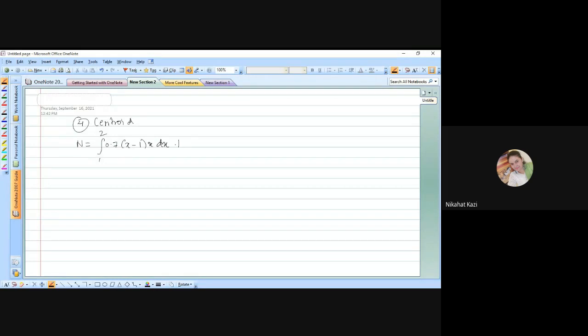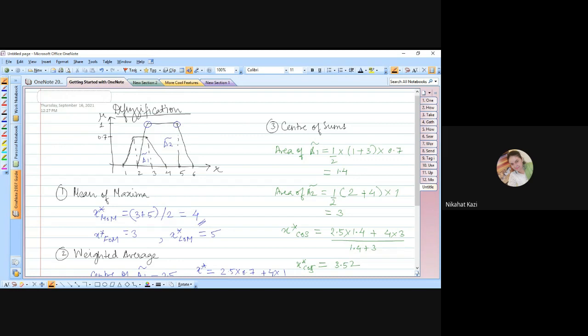Okay. Then from 2 to the next point. What is the next point? From 2 to this point, the intersection of these two lines. So the intersection you can find by substituting this point in these two equations and equating the two. You know how to find it, right? Tell me what is the intersection of these two lines. Can someone tell me? What is this point on the x-axis?